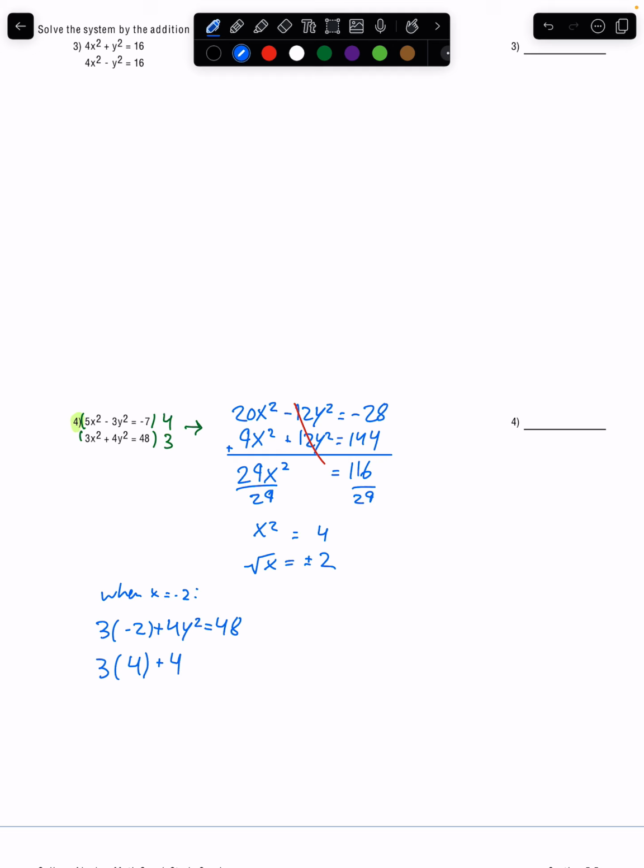Wait a second. Yeah, this is squared. My bad. It's squared, that becomes 4. Makes this 12. Subtract 12 from both sides. Divide both sides by 4.